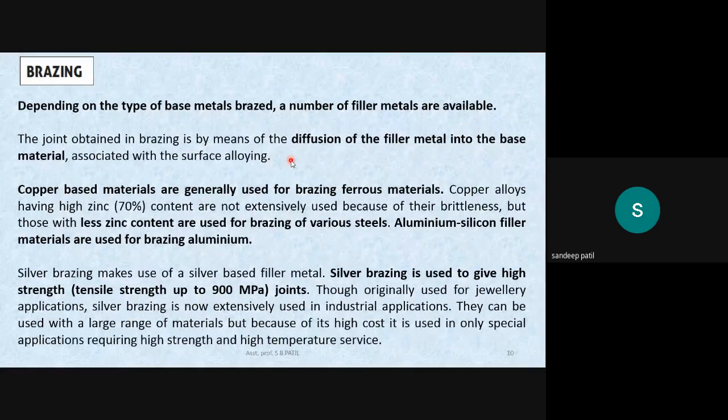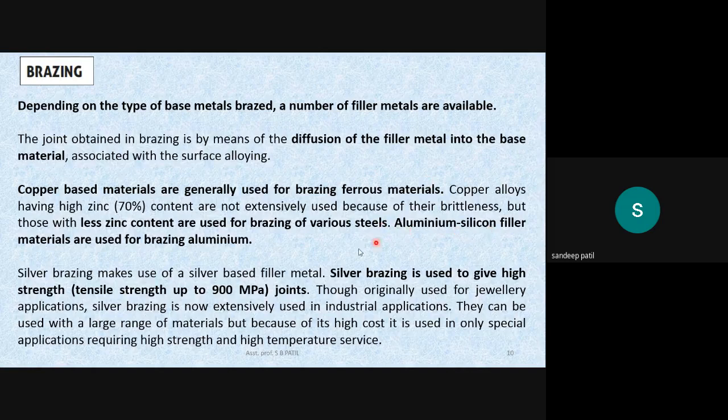So mostly the zinc percentage in a copper alloy up to 40% can be practically used, which we have already studied last semester. Alloys with less zinc content are used for brazing of various steels. Less zinc content means less than 40%, because practically we cannot go for more than 40% zinc in the copper.